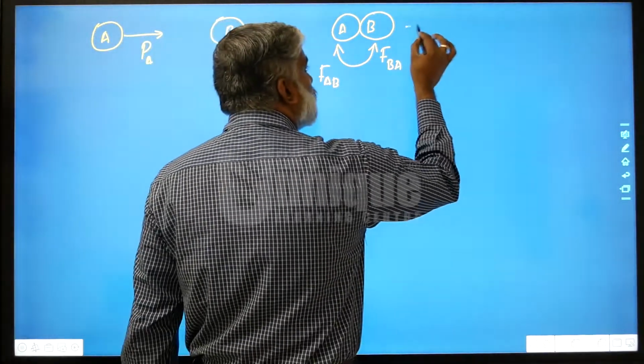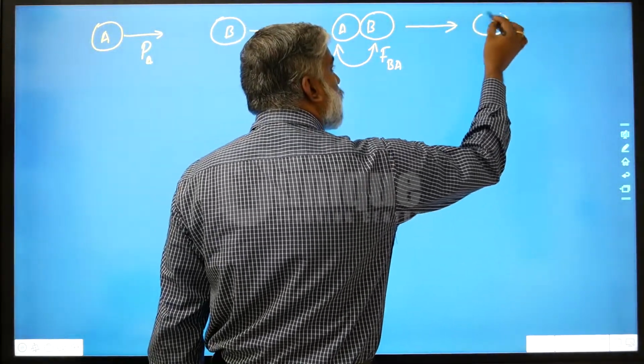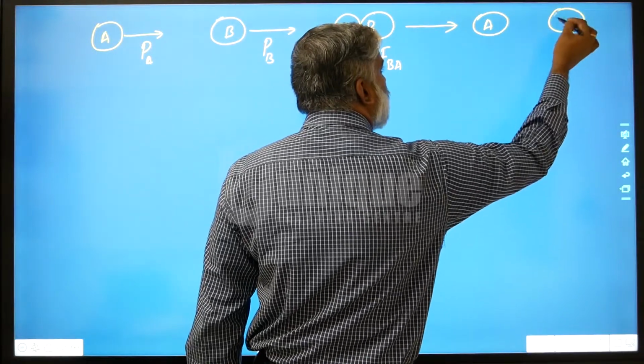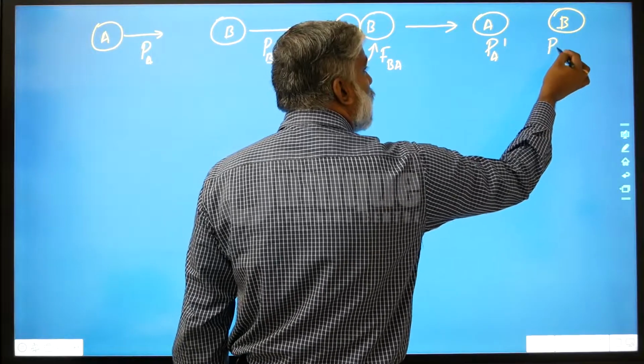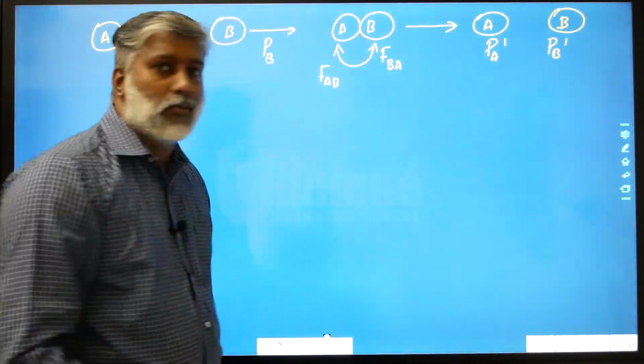After collision, the bodies move along the same straight line. Then the new momenta are PA dash and PB dash respectively.